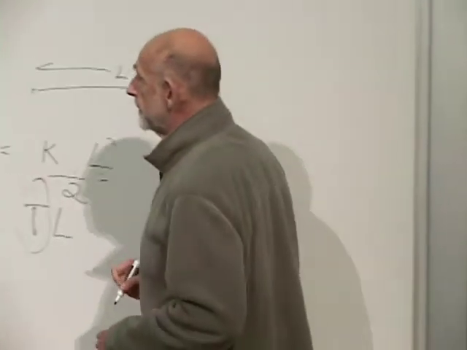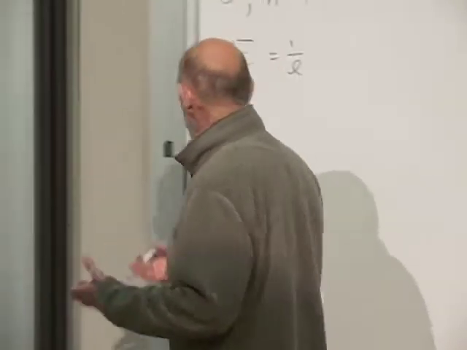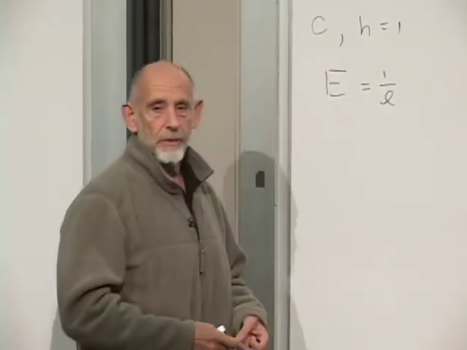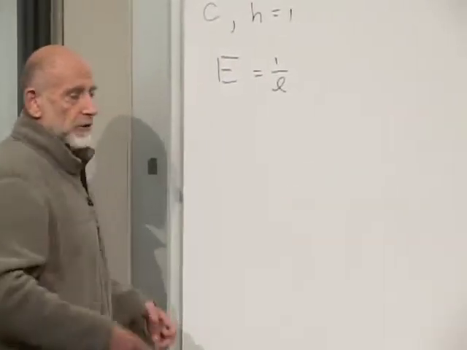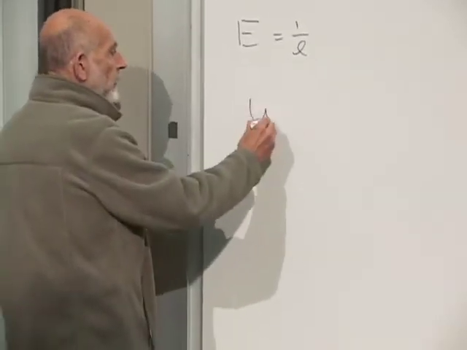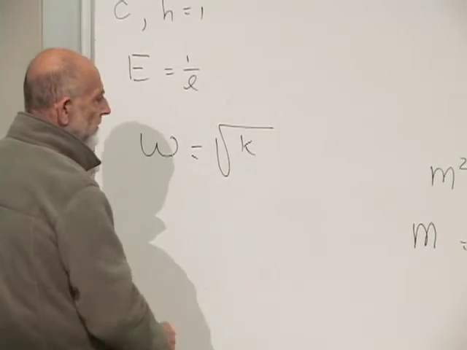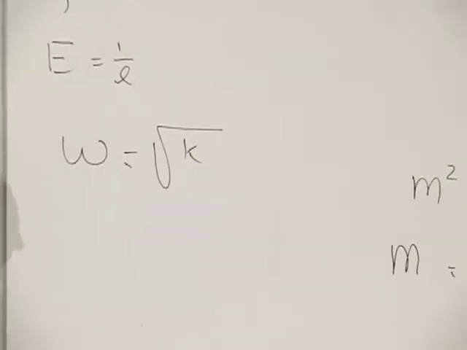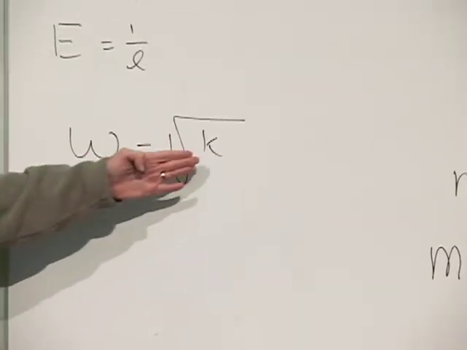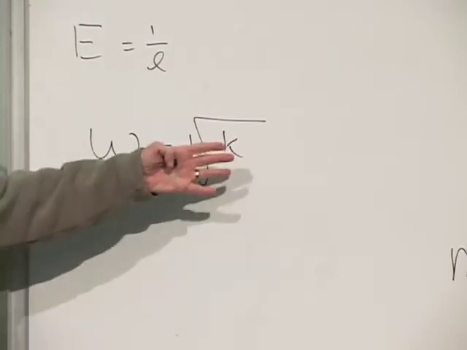The same thing is true of an ordinary spring, incidentally. If you have an ordinary spring, let's take the mass of the spring to be 1, the spring constant, call it k. The frequency is just the square root of k over m. The frequency is proportional to this tension.